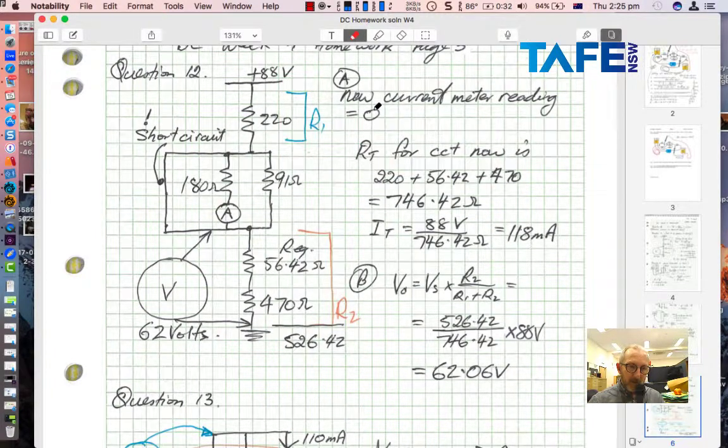But in fact, if the 180 ohm resistor was to have gone short circuit, I'd have the current running down through that piece of wire, still going down through the meter, and that would have 91 ohms across it.